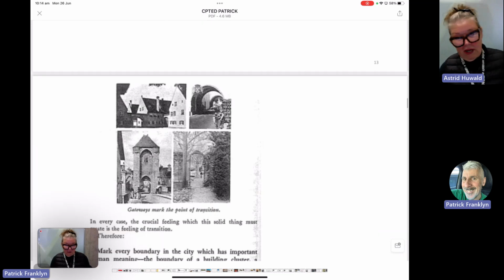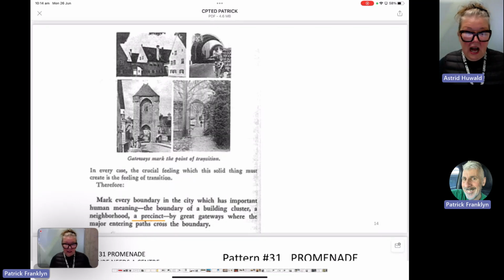Next slide, more gateways. So how do you do that in a visual language that speaks to the ecosystem and the character of the area, or even what the locals identify with?